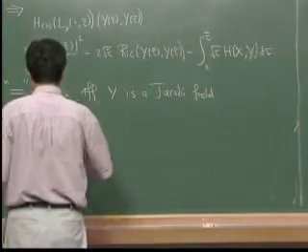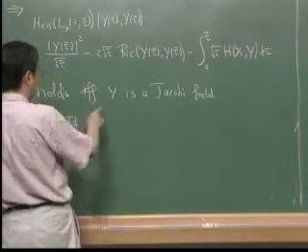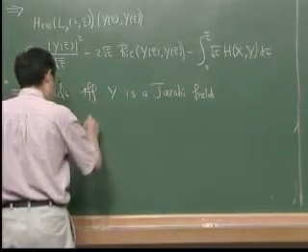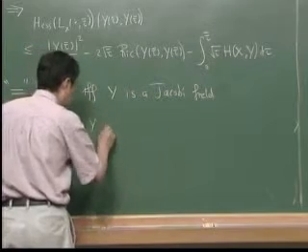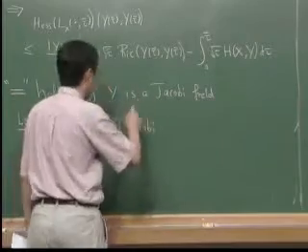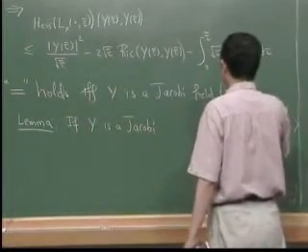So the lemma says, this is a general lemma, not necessarily this one here. Let's say y is a Jacobi field, and maybe to distinguish, it could also be adapted.